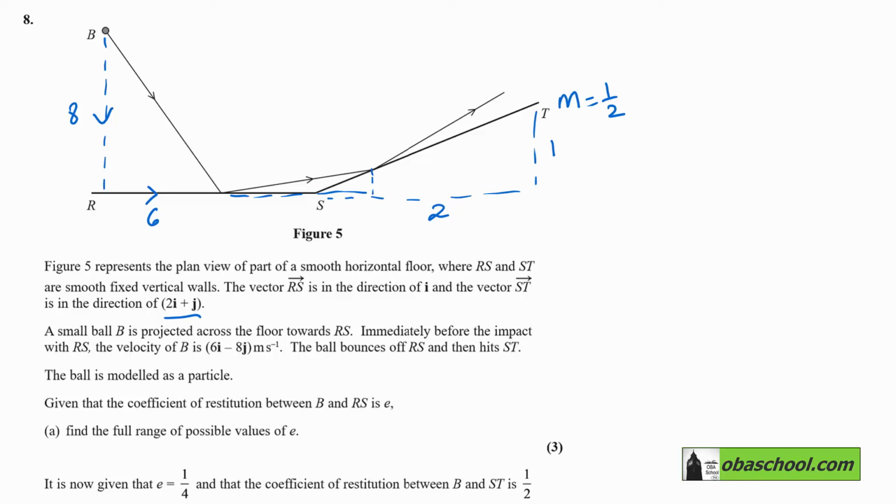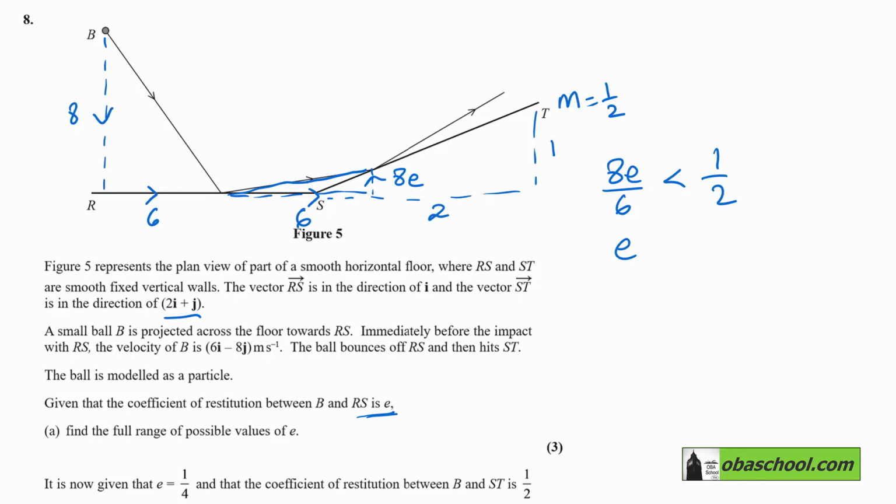So if the coefficient of restitution is E, when it reflects back up, because it hit this horizontal surface, the horizontal component's not changed, but the reflection up here will be 8 times E. So the gradient of this line is going to be 8E over 6, and that needs to be less than the gradient of ST, which we know is a half, in order for the impact.